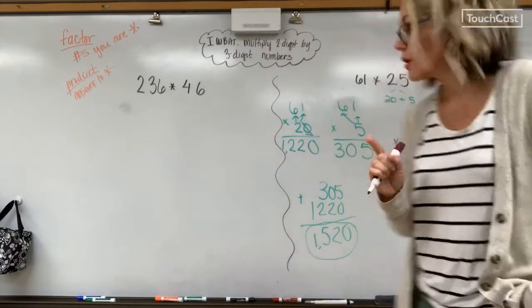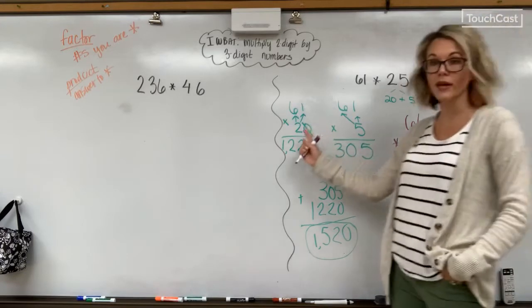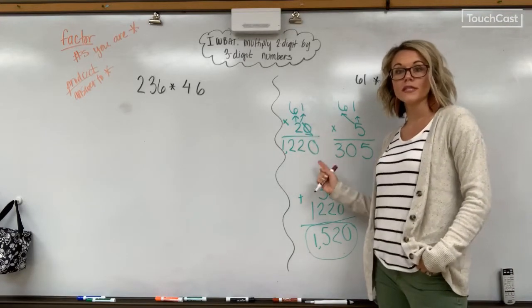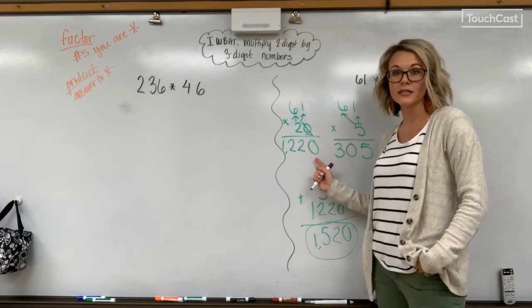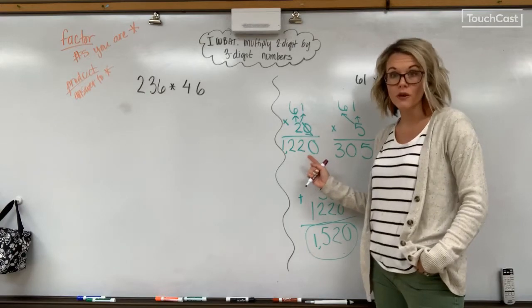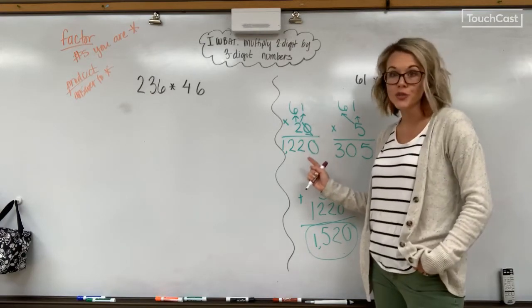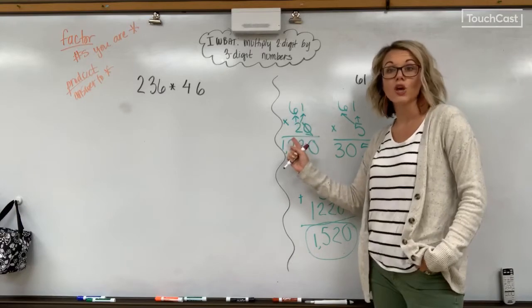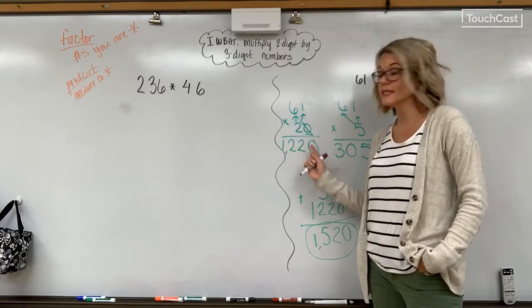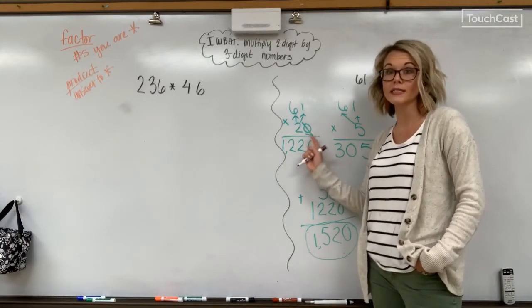So remember, when we talked over here about multiplying by 20, what did we put in our ones place? We put a 0. Because we're not multiplying by 2, we're multiplying by 20. So we know our answer is going to end in a 0 because 20 ends in a 0.